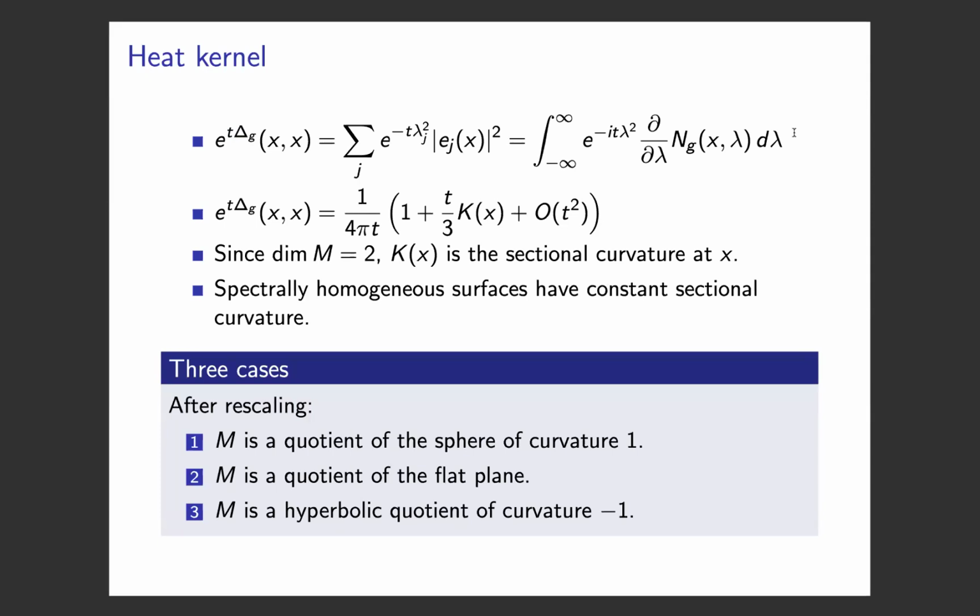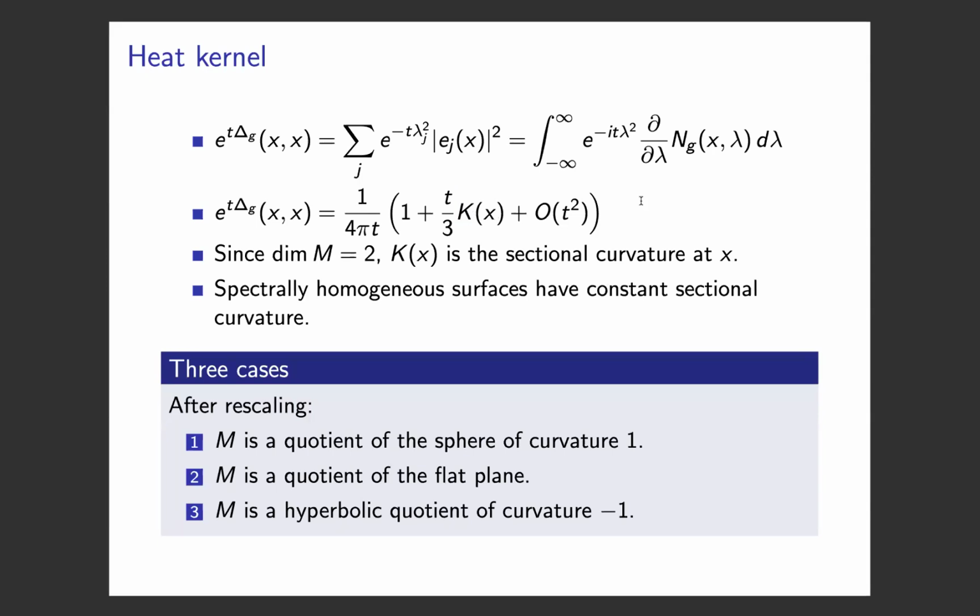At the same time, we have these really nice heat kernel asymptotics, the on-diagonal heat kernel asymptotics, where the main term's not too interesting, it's just constant, but the second term, the subprincipal term, the coefficient is the scalar curvature of your manifold.